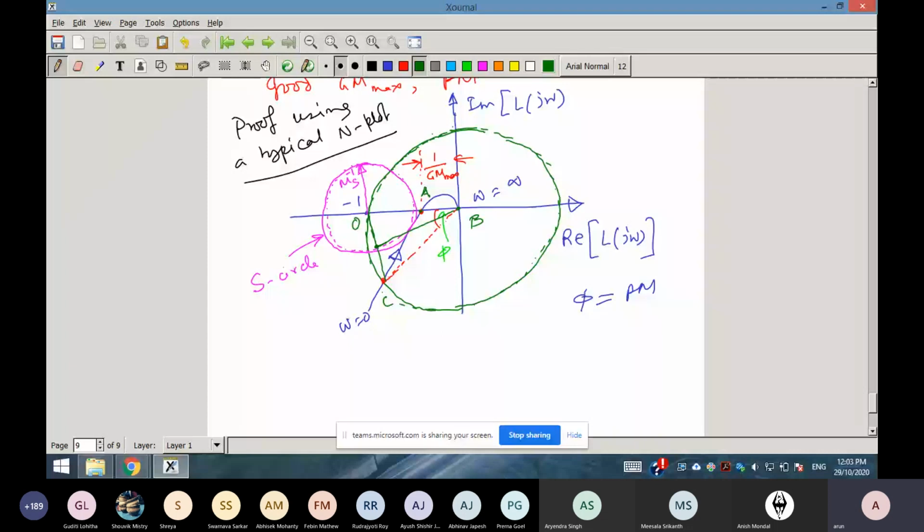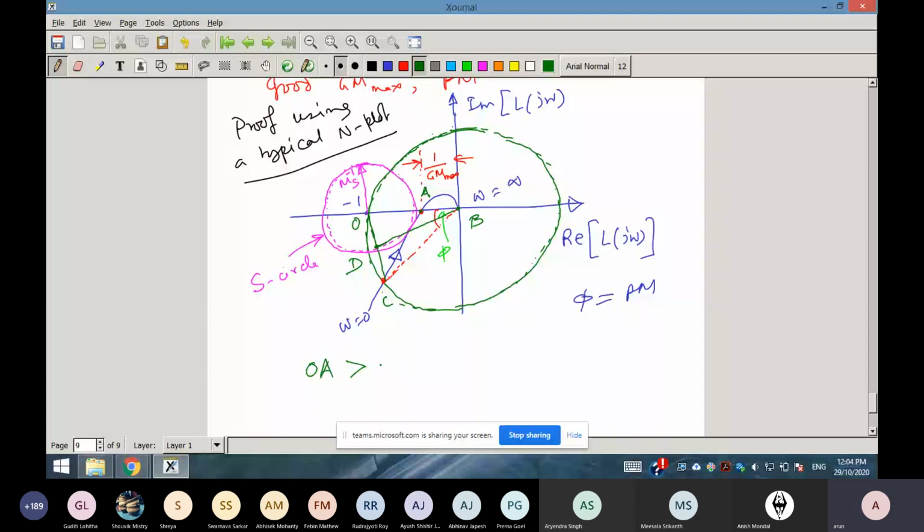So from the figure, what is OA? This is B, AB. So what is your OA? OA is of course greater than MS inverse.